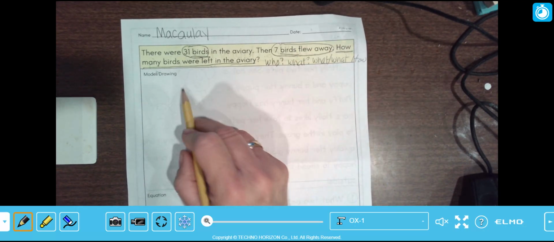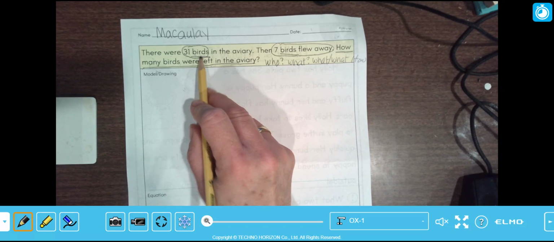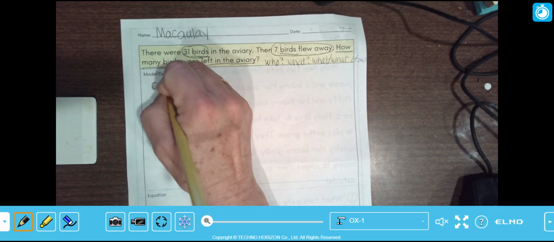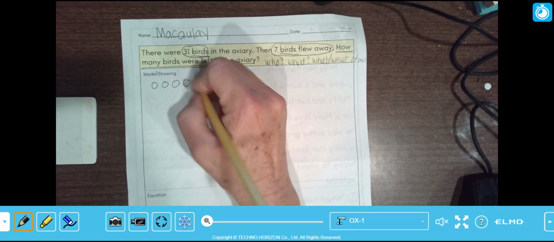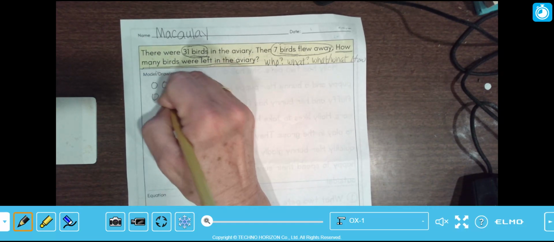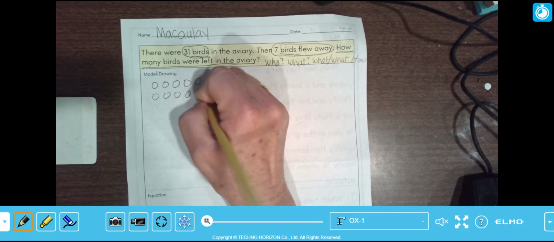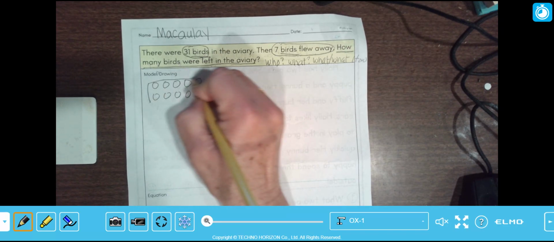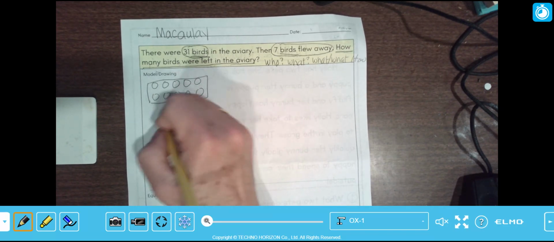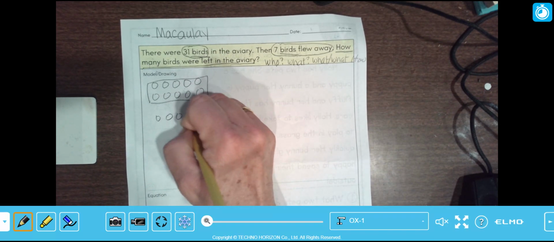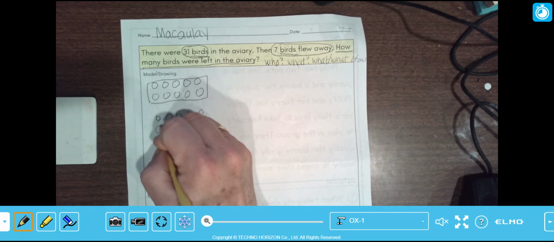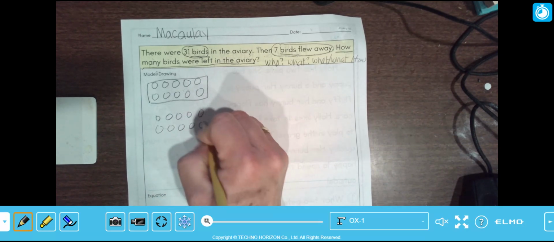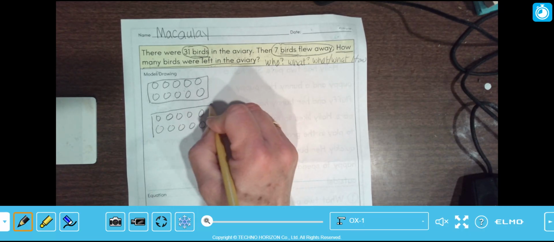All right, so the first thing I got to do is draw my 31 birds. Here I go. 1, 2, 3, 4, 5, 6, 7, 8, 9, 10. There's 10. 1, 2, 3, 4, 5, 6, 7, 8, 9, 10. Okay, so how many do I have now?